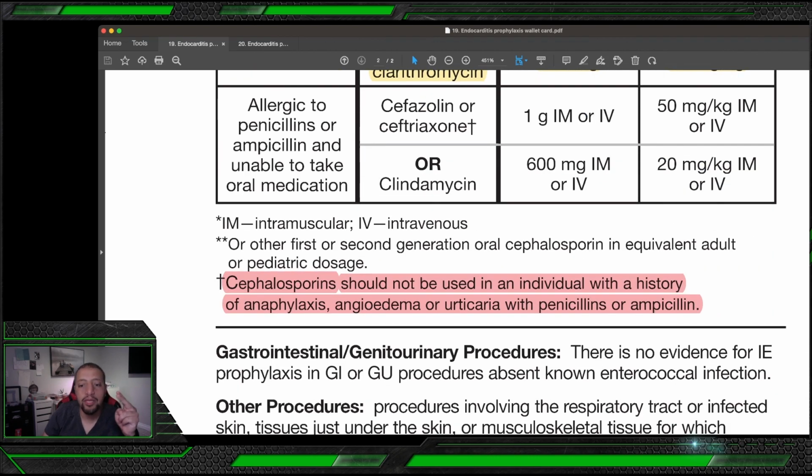Cephalosporin should not be used in an individual with a history of anaphylaxis, angioedema, or urticaria with penicillin or ampicillin. Meaning if this patient has a type 4, delayed type of allergy, you might try your luck and give the patient cephalexin. But if he has type 1 allergy, anaphylaxis, angioedema, stuff like this, you are going to kill the patient. So you are not going to do this.